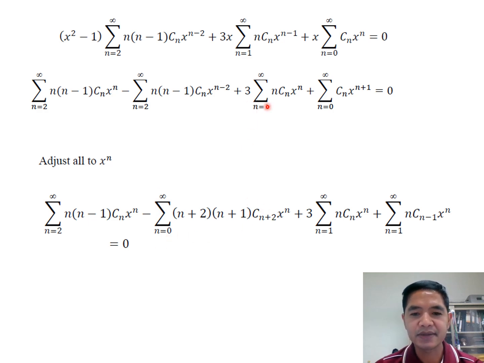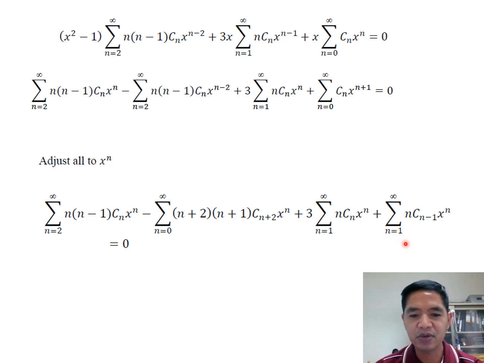And then in the next step, this is n to the x to the n, so take it down, the same. And in this step, you have to minus 1, right? So it's going to be c n minus 1 here, and x to the n. But in this case, when you minus 1 in this summation form, you have to plus 1.